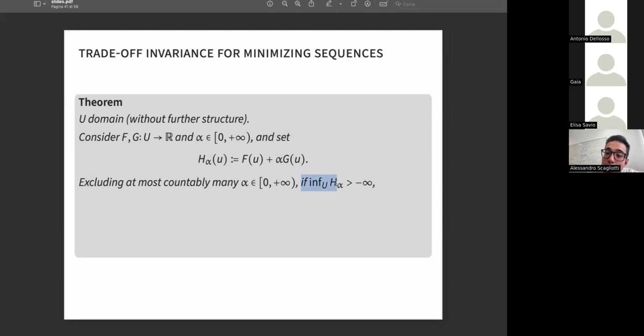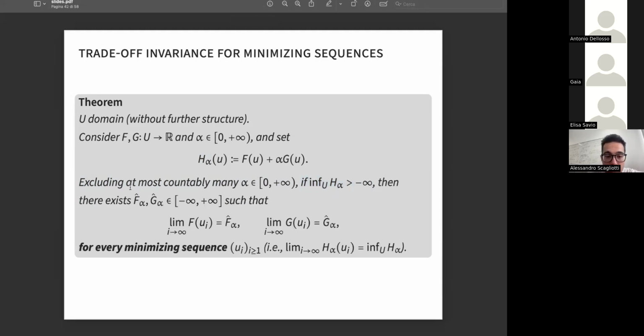If the infimum of H alpha is bigger than minus infinity, then for every alpha there exist two values, f at alpha and g at alpha, such that given any minimizing sequence, the value of f computed along the minimizing sequence is converging to f at alpha, as well as the value of g computed along the minimizing sequence.